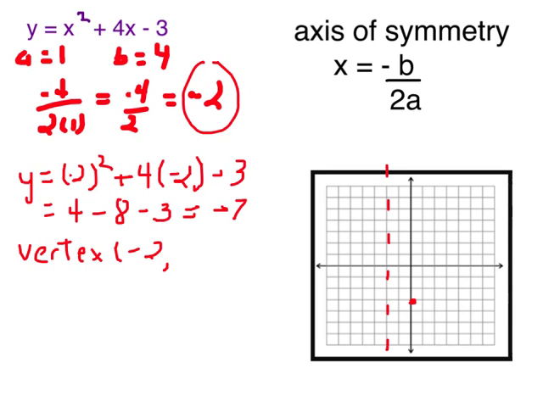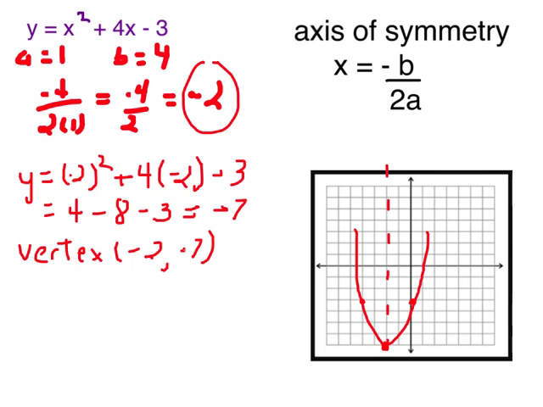The y-coordinate is -7. See, the vertex goes through the axis of symmetry. So -2, -7 would be right here. And we know a parabola is always symmetrical, so there's another point across the way right there, the same level as the y-intercept, and now you can curve the parabola.